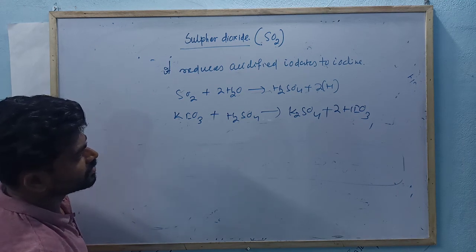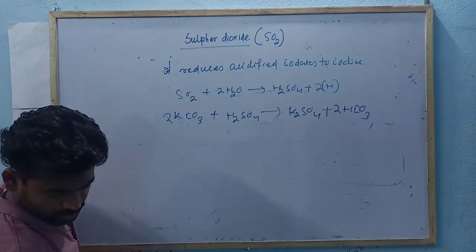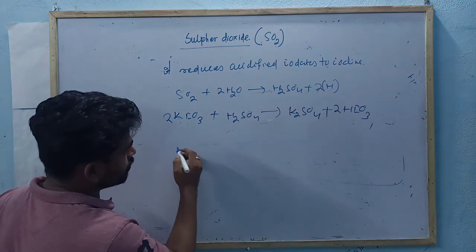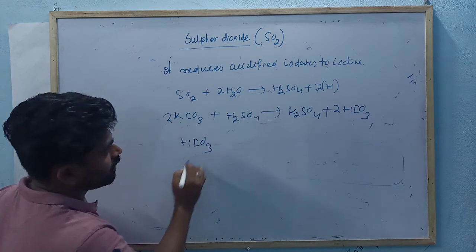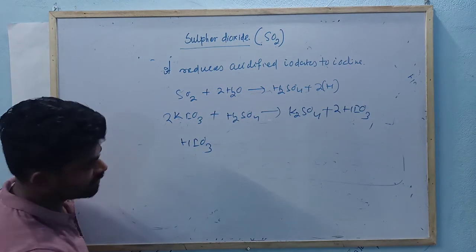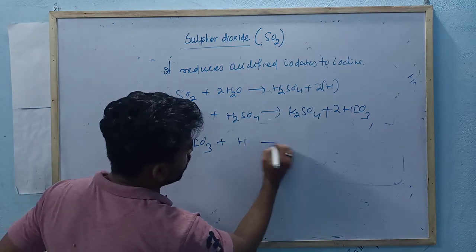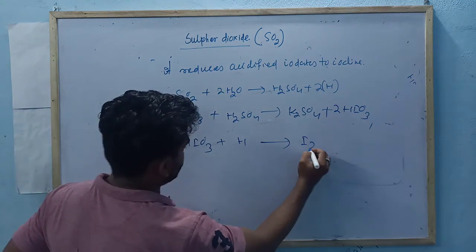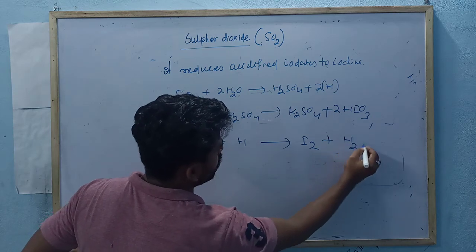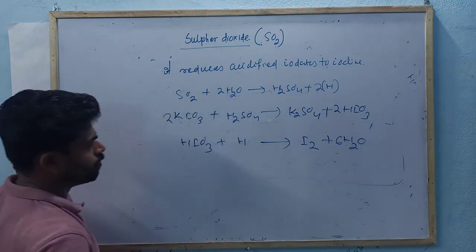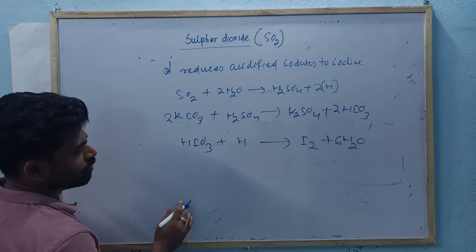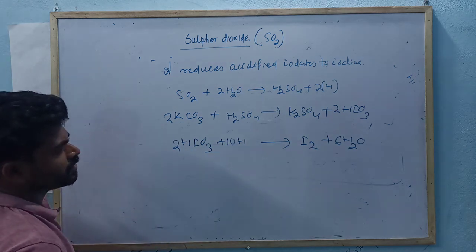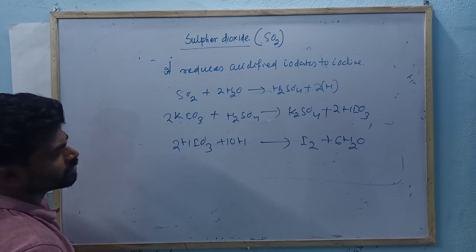So if you balance this equation, the two potassiums are there, so you can multiply over here 2KIO3. Okay. So now that HIO3 will accept this nascent hydrogen, okay, and get converted into your I2. So definitely there will be liberation of what? 6H2O. Okay. So here that will be 10 and here 2. Okay. So equation is balanced.